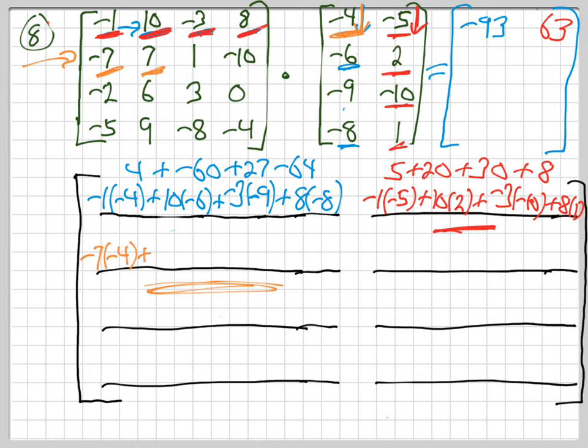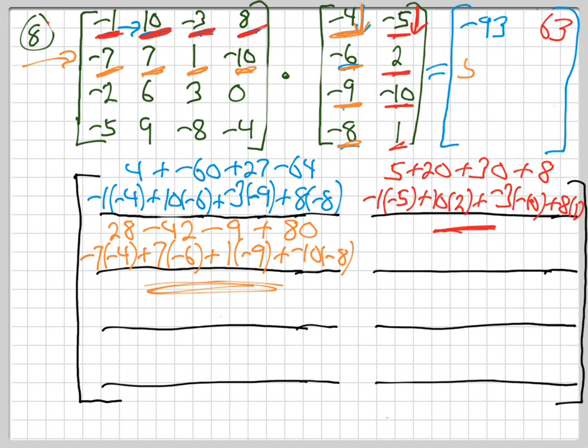Plus, move to the right, move down, always, 7 times -6, plus, move to the right, move down, 1 times -9, move to the right, move down, -10 times -8. All right, what is that? That's positive 28, minus 42, minus 9, plus 80. If you work all that out, you'll get 57 on your calculator.